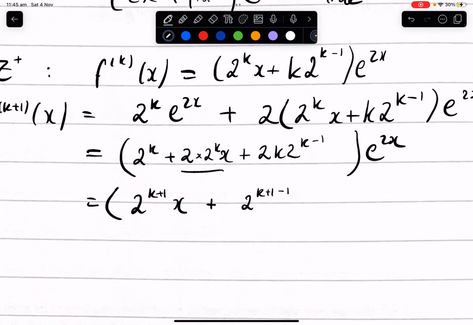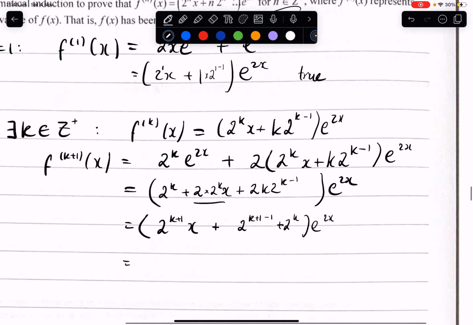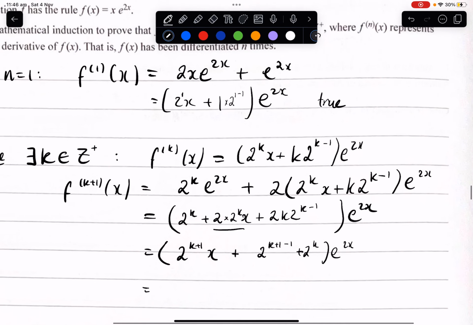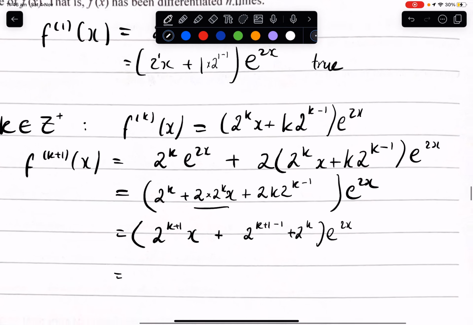And then plus 2 to the k. It's 2 to the k x plus 2k times 2 to the k minus 1. So I think I've done it right.